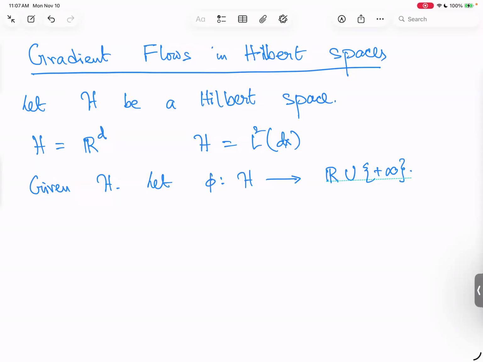For finite dimensions too, sometimes we do it, but for infinite dimensions, it is absolutely critical that you consider functions that take the value infinity, because most of the time these functions are not going to be defined over, let's say, the entire L2. It's only over some subspace that they are going to be defined. So it's very important that you consider this to be with infinity.